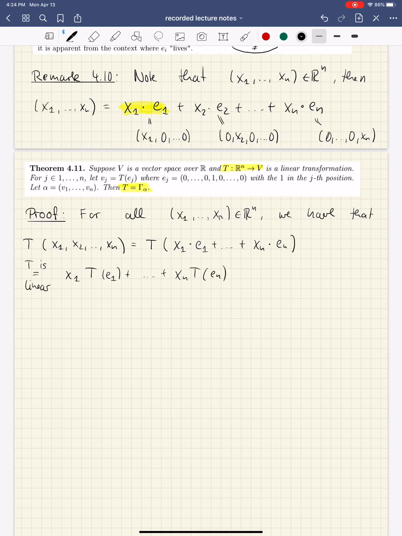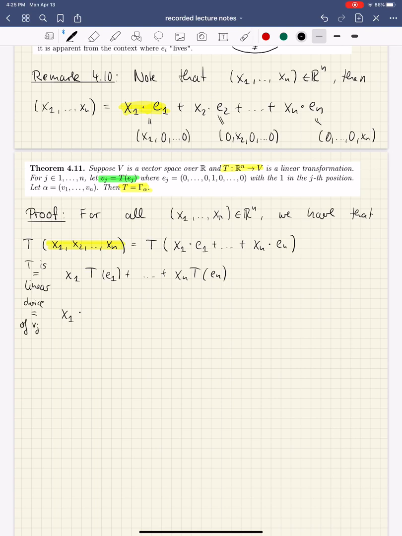Well, the problem was that here, having T of an arbitrary element, we could not really compare it with the v_i or the v_j, because the only thing we know about v_j is that it's the image of the e_j. So we had to modify this expression in order to get an expression that really depends only on the things we know. And what are the things we know? Well, the images of the e_j. And this is precisely what we got here, because now this is by choice of the v_j.